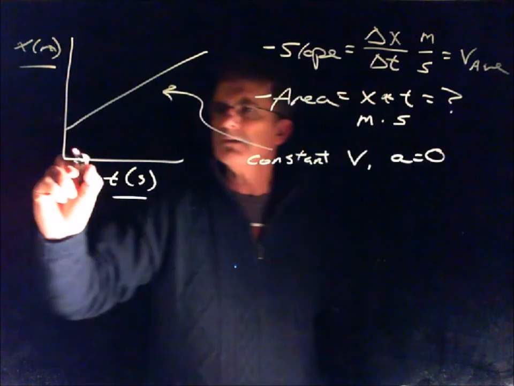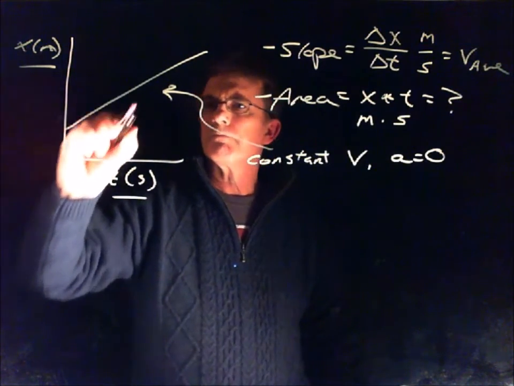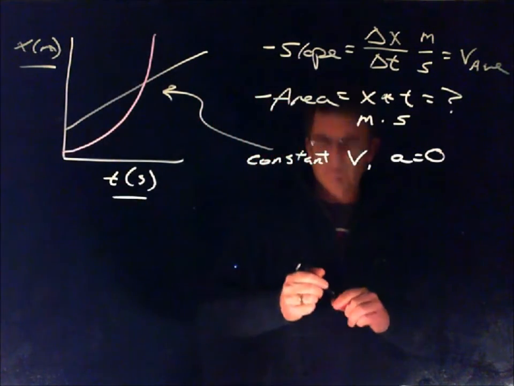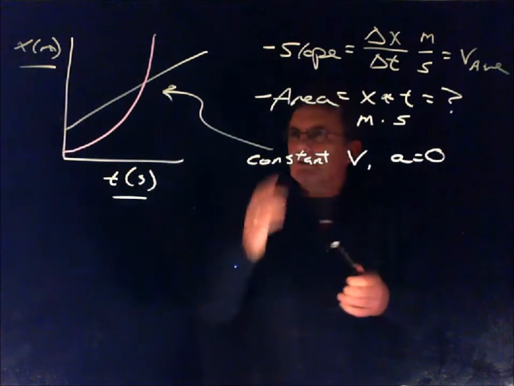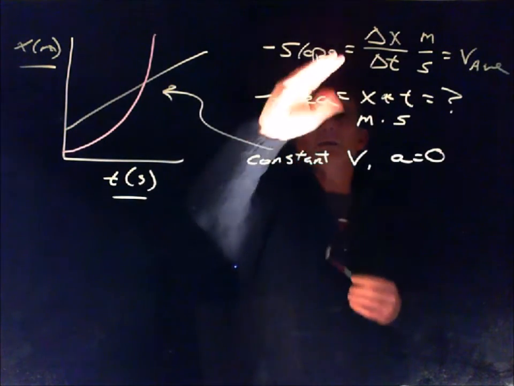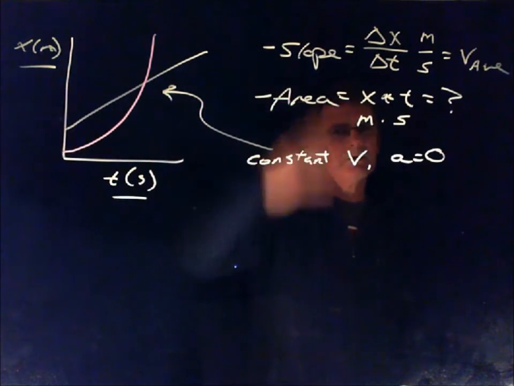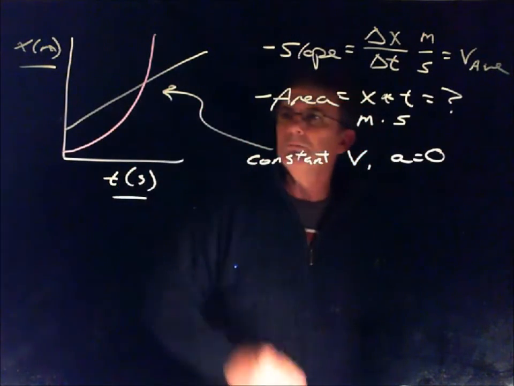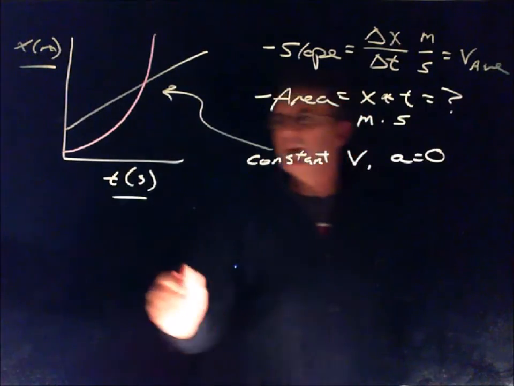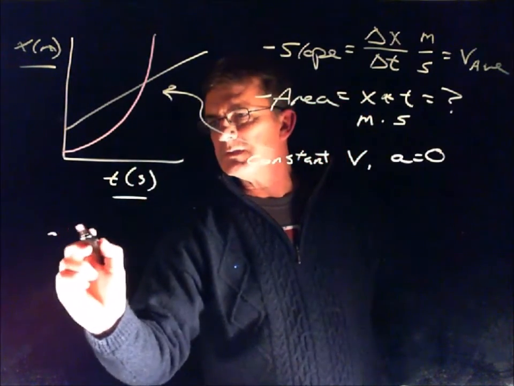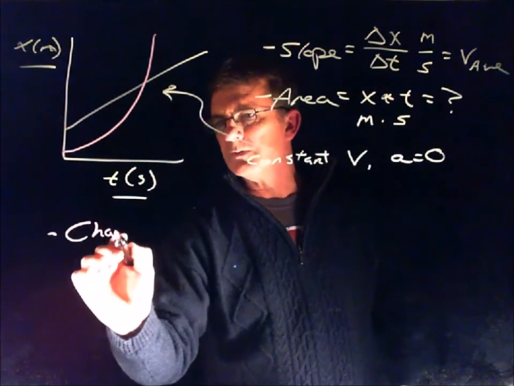And so here's another curve. And then let's take a look at this. And this stuff still applies. It's still position versus time. My slope and area still mean the same thing. I'm looking at the slope. And what I'm seeing here with the slope is that it's a changing slope.